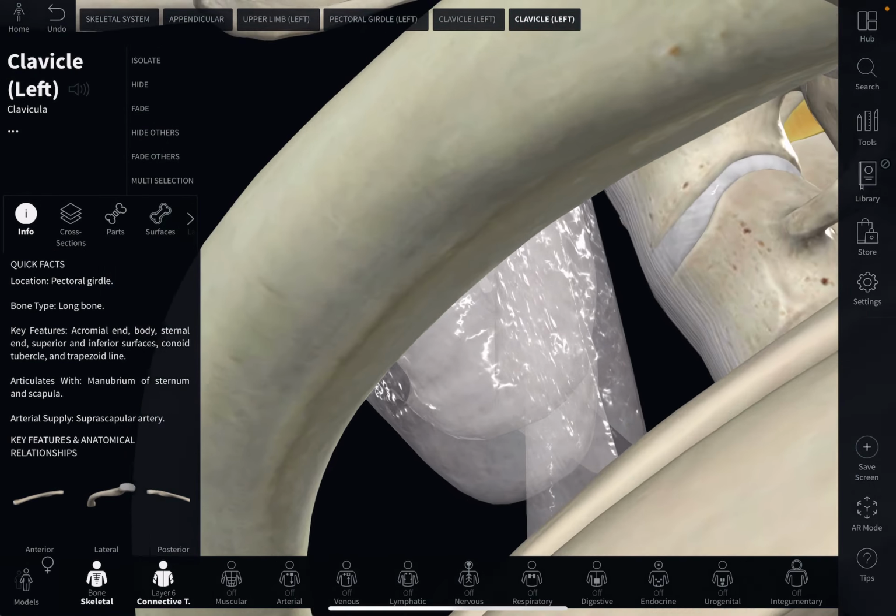And also we have one more feature on the inferior surface of the middle 1/3, known as the subclavian groove. What is attached in the subclavian groove is the subclavius muscle, which is inserted there.